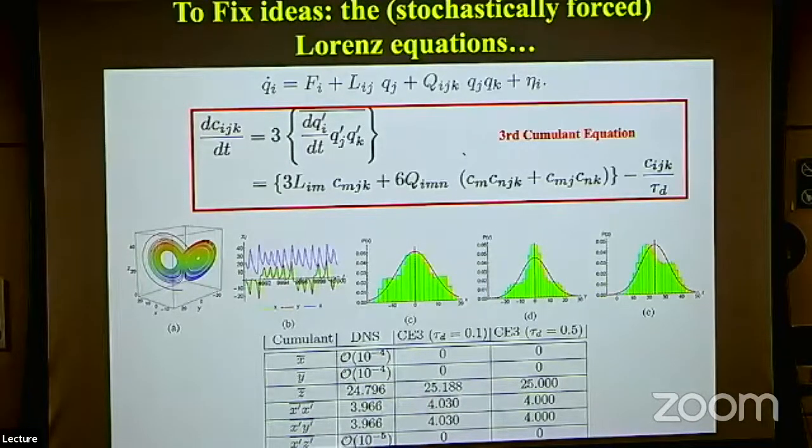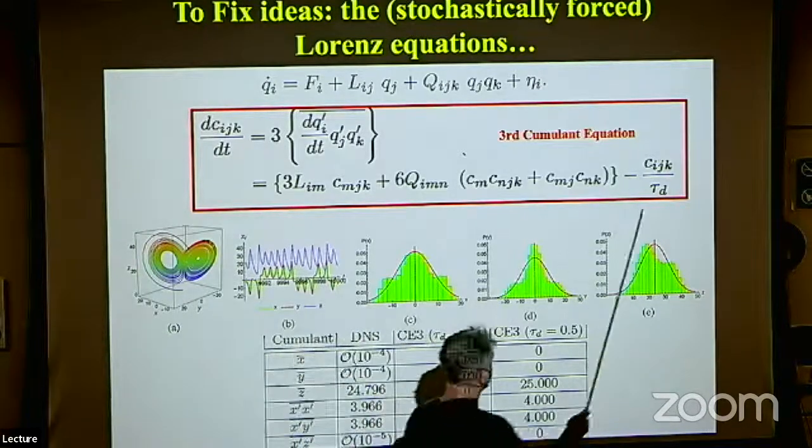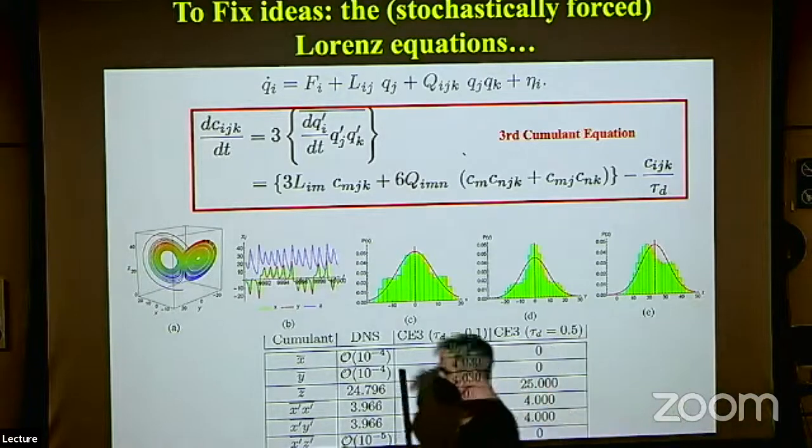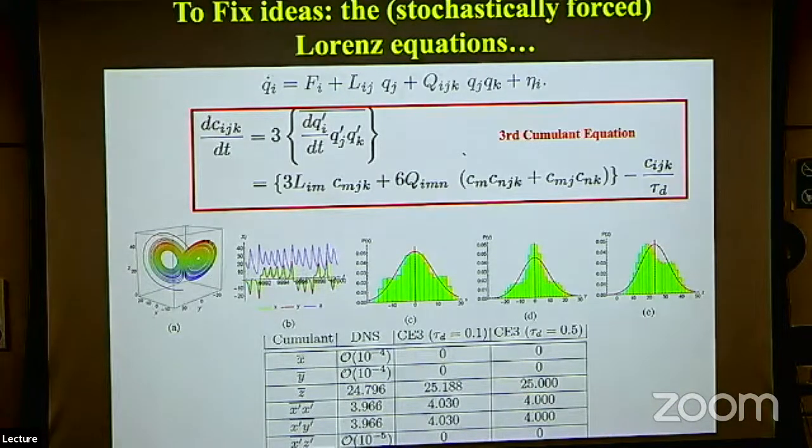And there are various things we can do. We can just give up at that point, or we can perhaps say something about the fourth cumulant in terms of the higher order cumulants. And I'll come back to this in a minute. If my system were quasi-linear, remember what would happen? The pain in the neck term would go.